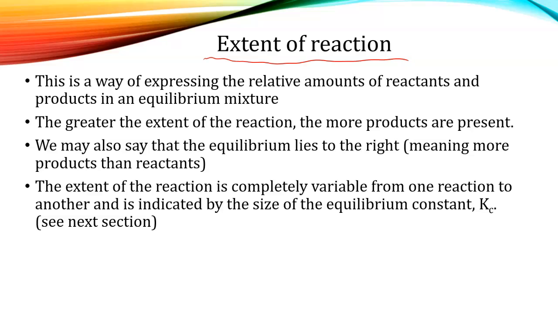So if we talk about a great extent of reaction, that means we have more products present. If we say the equilibrium lies to the right, that also means there's more products present. So a lot of terminology comes in here. It has occurred to a greater extent means that there's more products. The equilibrium lies to the right, we've made more products.